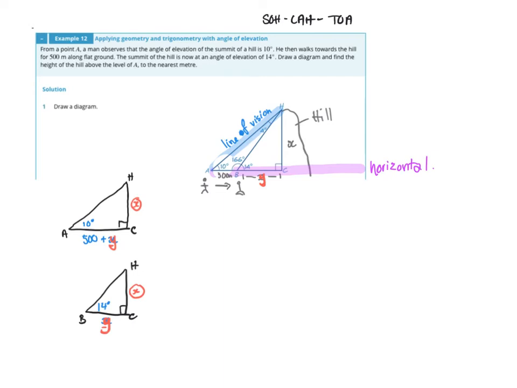What I mean by that is, if I was going to find this out, pretending I did know what this was, I would say, all right, I've got the opposite side and I've got the adjacent side. That means I'm going to use tan.